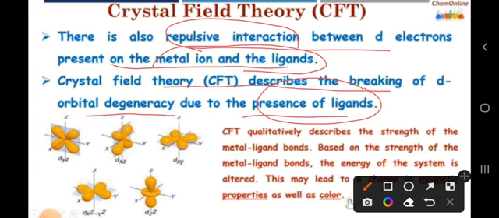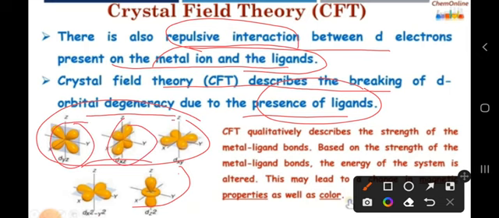So here we have taken the splitting of d orbitals, that is, the 5 d orbitals. If you have seen here, dxy, dyz, dzx, these lobes are between the axes. So these are not present on the axis, if you have observed these 3 orbitals.